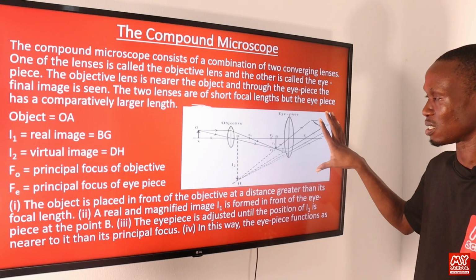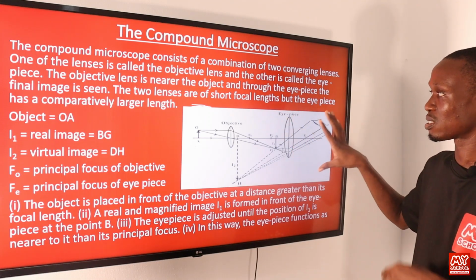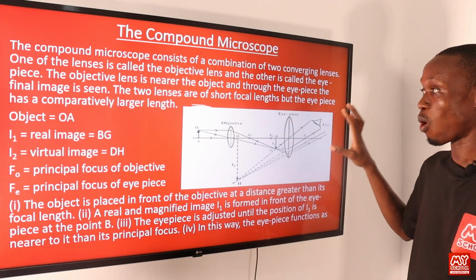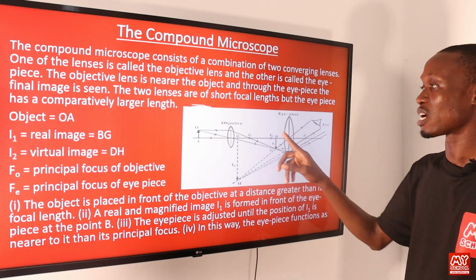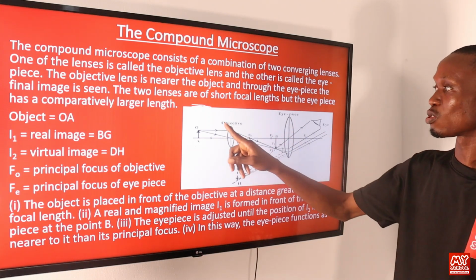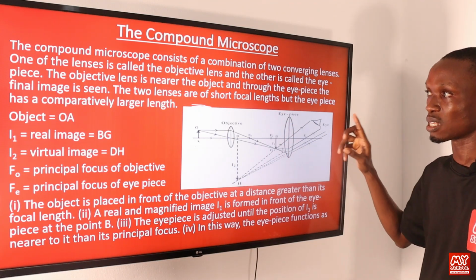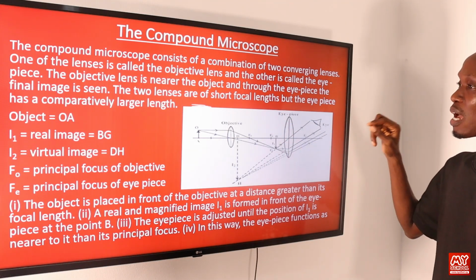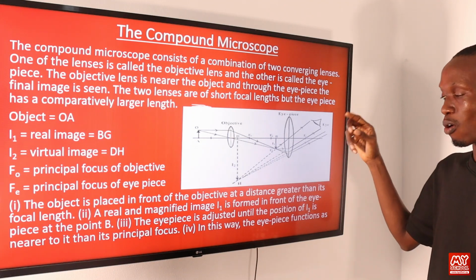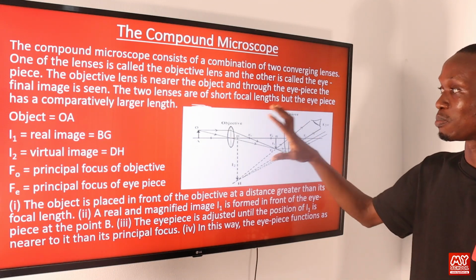As you can see in the diagram on this side of the screen, this is a compound microscope, and these are the two converging lenses. This is the objective lens and this is the eyepiece. Take note that the focal length of the eyepiece is larger than that of the objective.